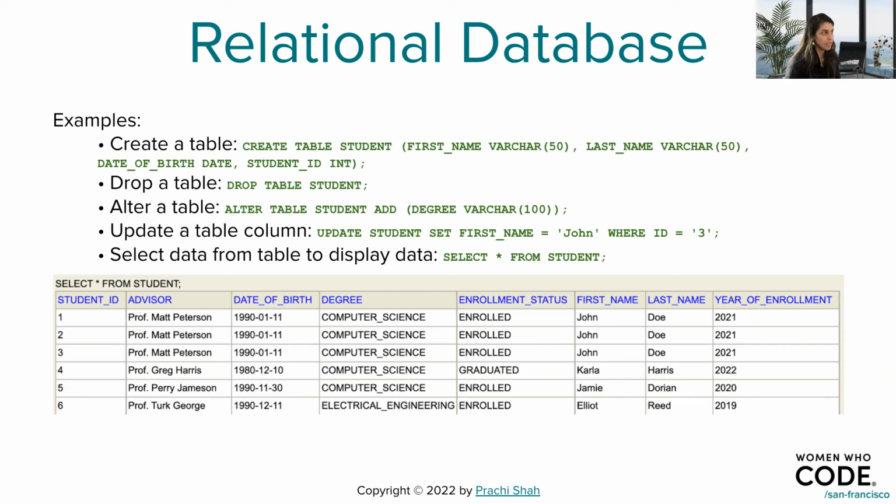And I use the select query to select, read, or show all the students in my student table. So these are some of the very simple queries you can do on a relational SQL database. Structured query language has all sorts of commands, and there is a proper format of how you can write queries on your relational database.